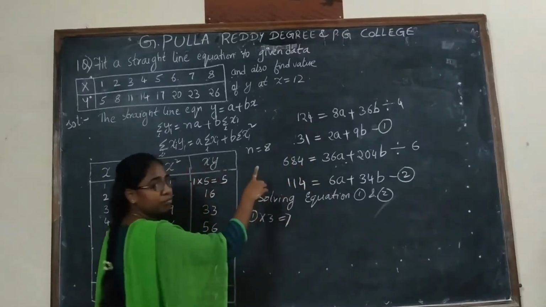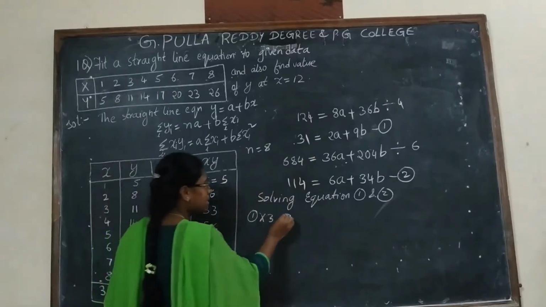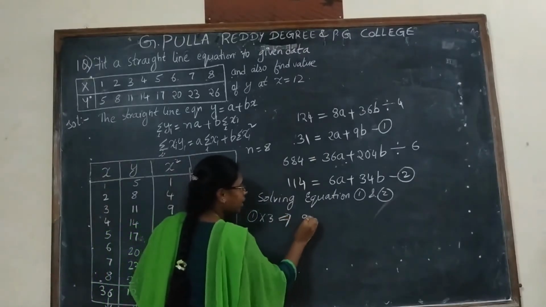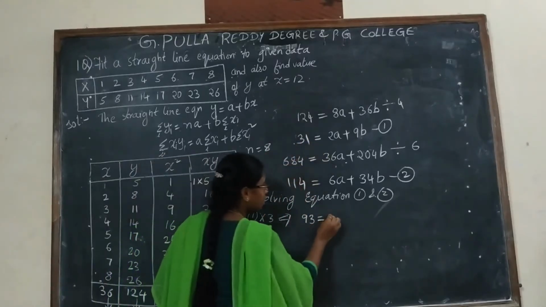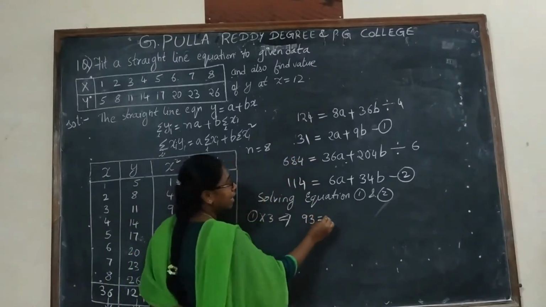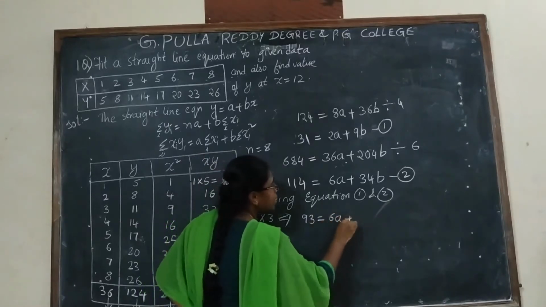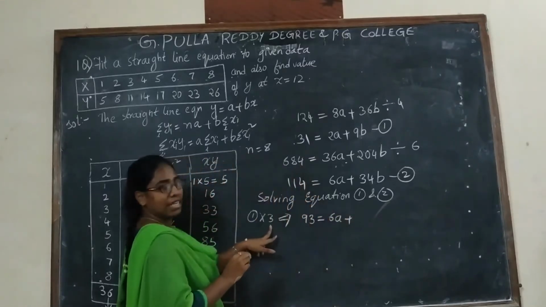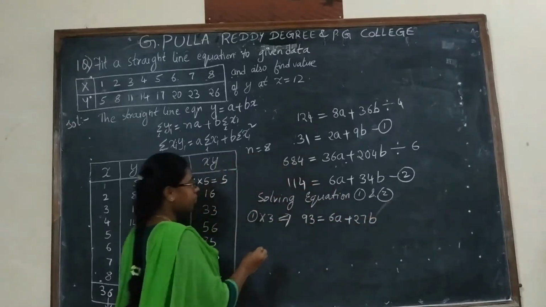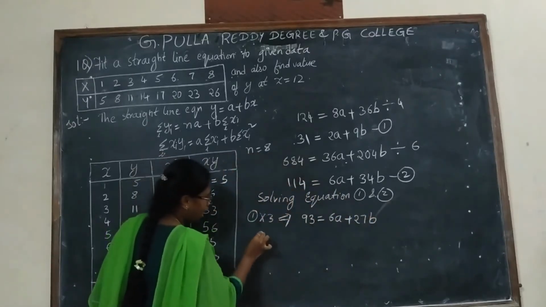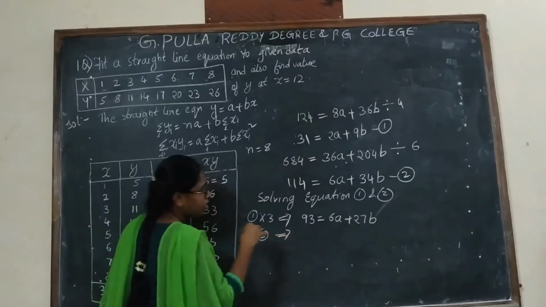Now, equation 1 into 3. You will get 31 into 3 is 93 equals 6 into 2, 2 into 3 is 6a plus 9 into 3, 9 3s are 27b. Next, write equation 2 as it is.